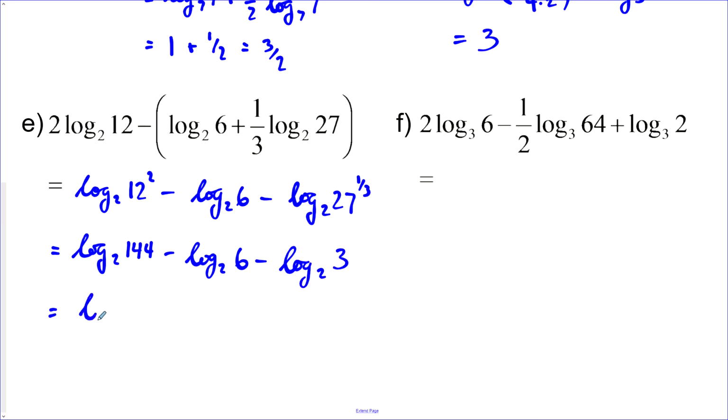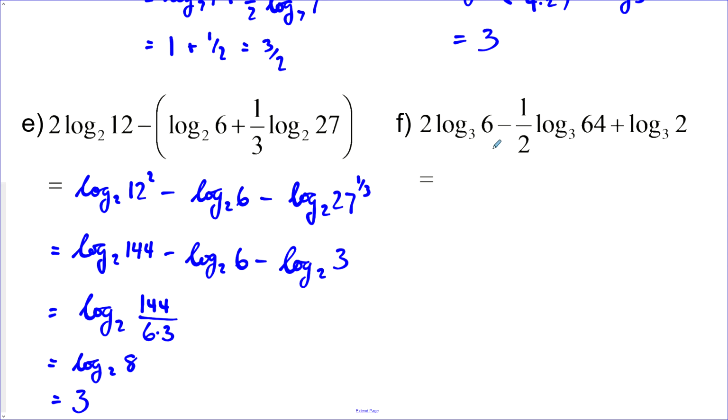So now I can say log base 2 of 144, put these all together, divided by 6, and this is minus 2, so divided by 3. So 144 divided by 18, and that gives us 8, and that makes this question doable without a calculator because 2 to the power of what gives me 8? That would be 3.